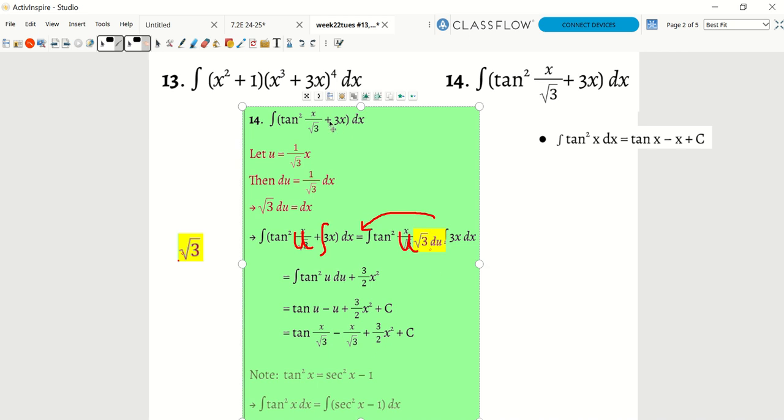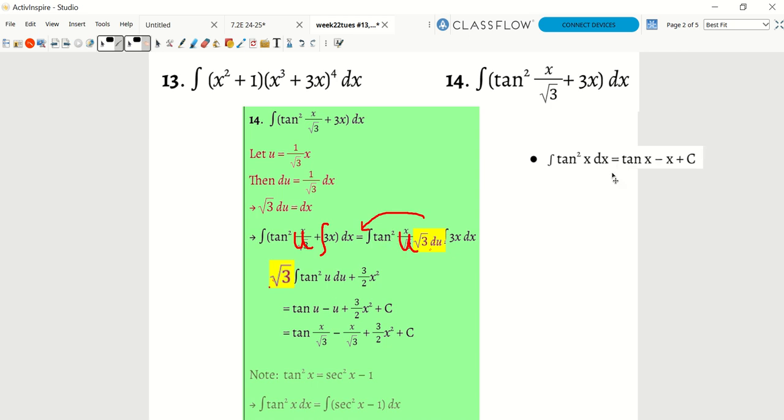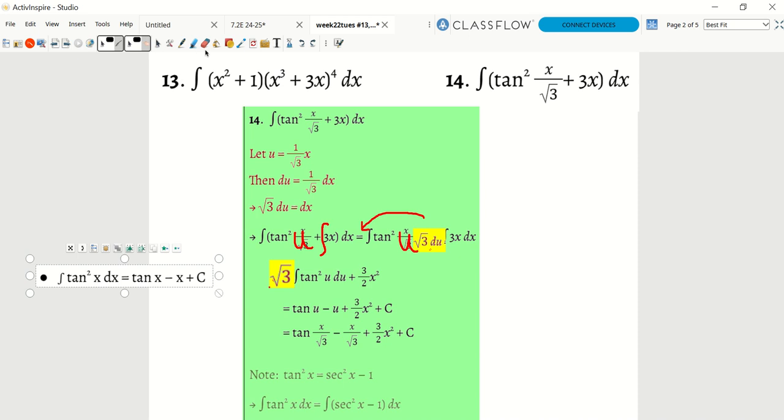And what they forgot to do was extract the √3 out of the integral. So there should be a √3 here, and this becomes tangent squared u. And using the formula here from your list of antiderivatives, I'll put that in blue. That's not the best color. Gray.